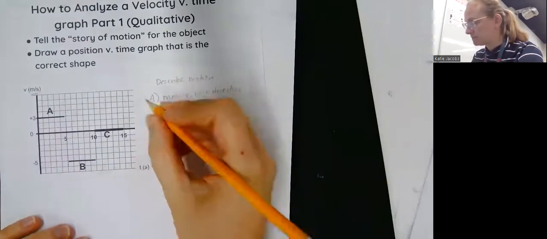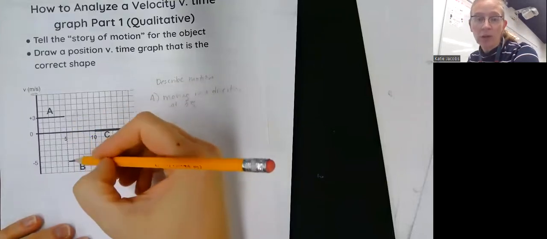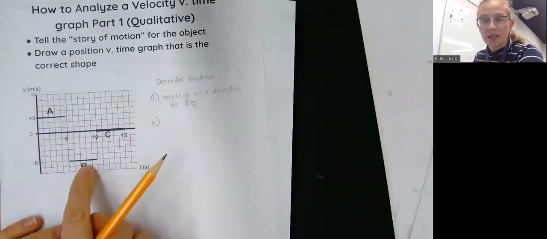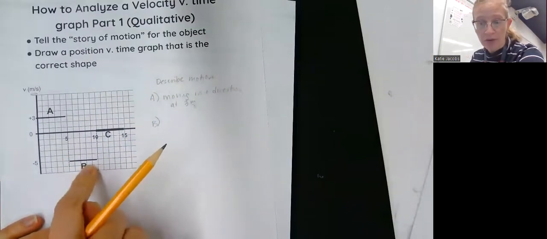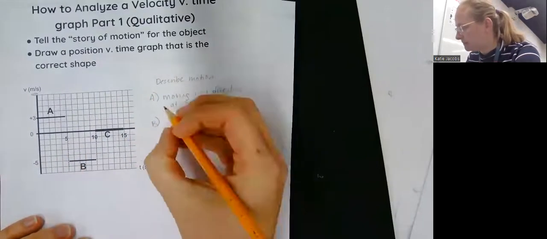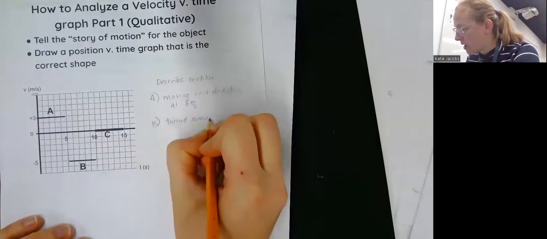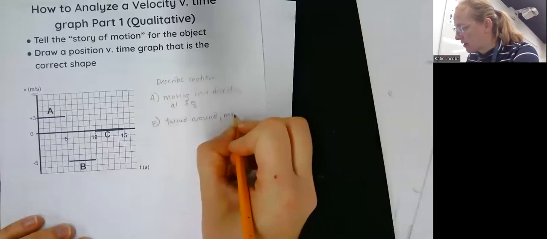Segment B is now below the x-axis in the negative region. If it's below the x-axis, I know the object turned around and now it's moving in the negative direction.